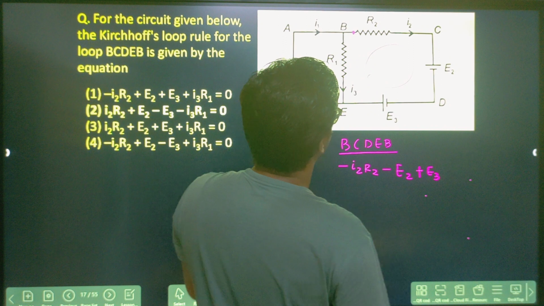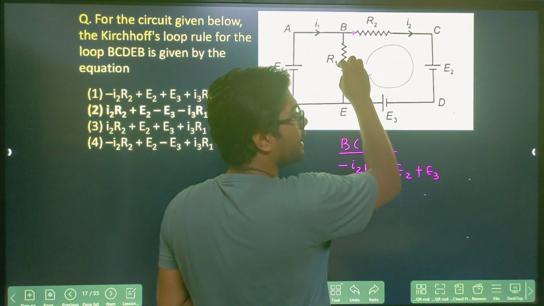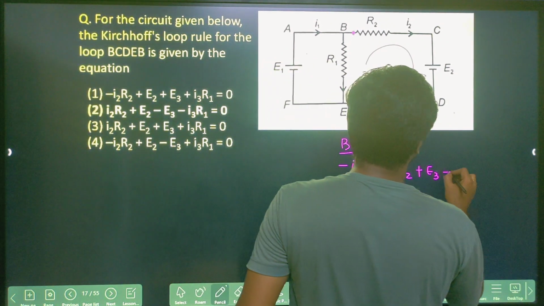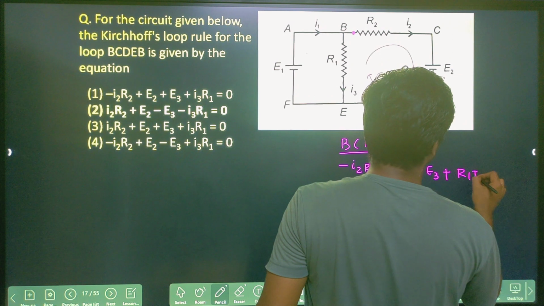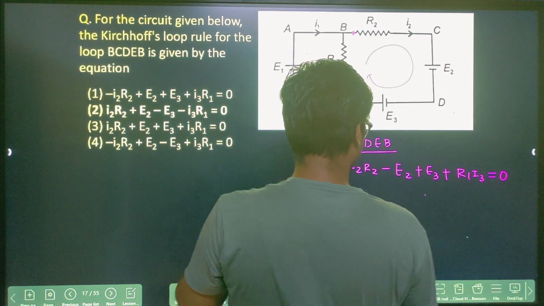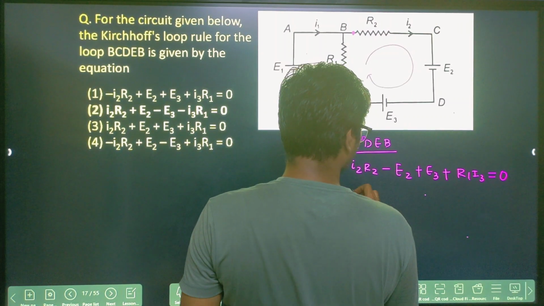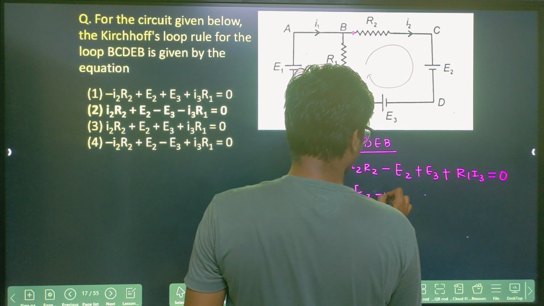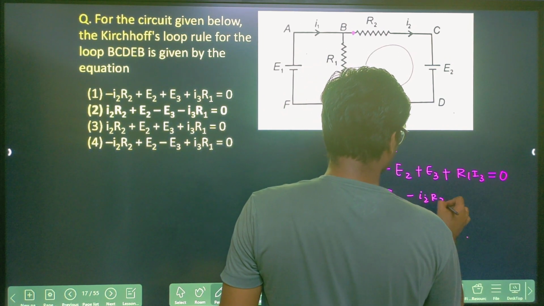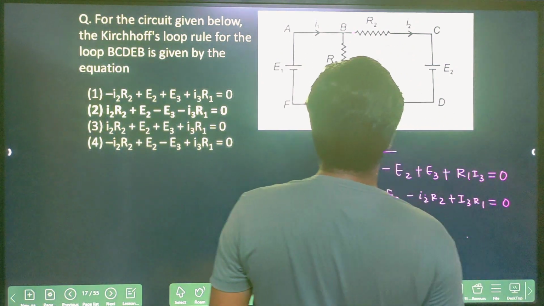Now see here, you are moving along this direction, the loop is along this direction, but the current is in the opposite direction. So you have to write here plus R1 I3 is equal to 0. So you get E3 minus E2 minus I2 R2 plus I3 R1 is equal to 0.